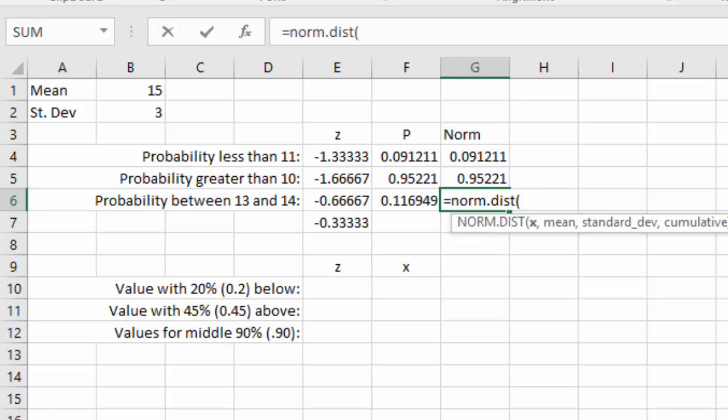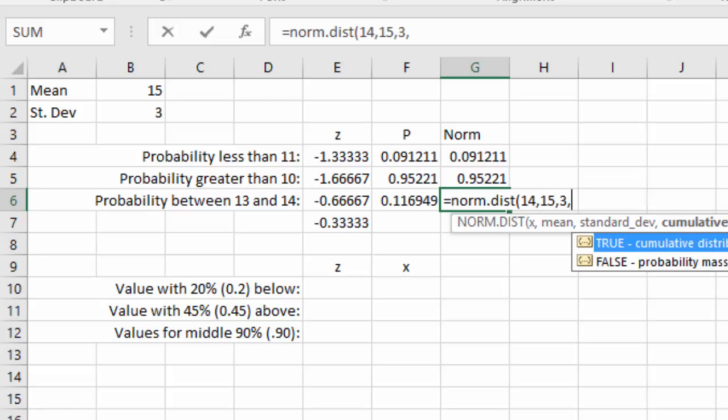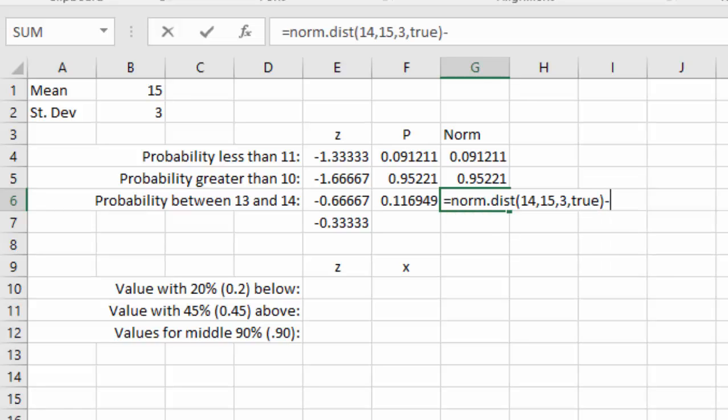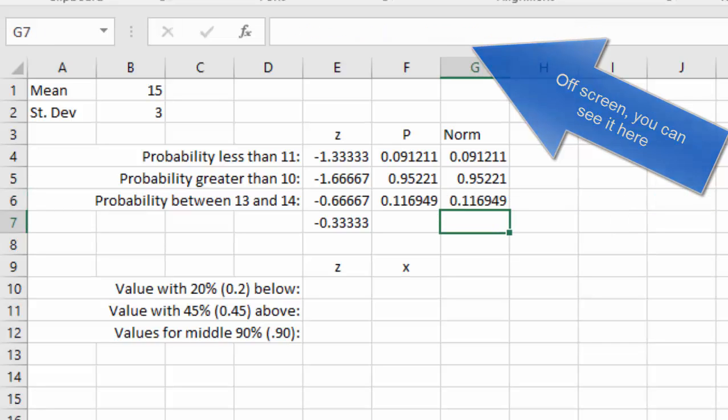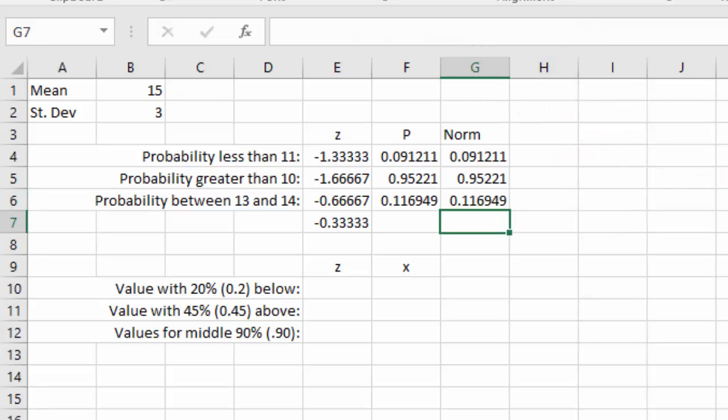Always start with the bigger one, which is the 14, comma, the mean is 15, comma, the standard deviation is 3, and we always type true, minus norm.dist. The x value of the smaller one is 13, comma, mean is 15, comma, the standard deviation is 3, comma, true, and we'll get the exact same probability.